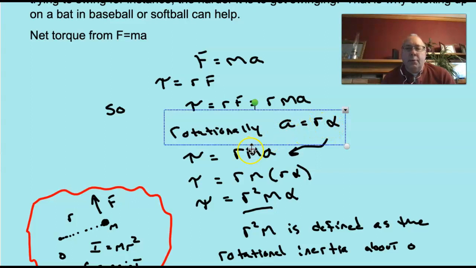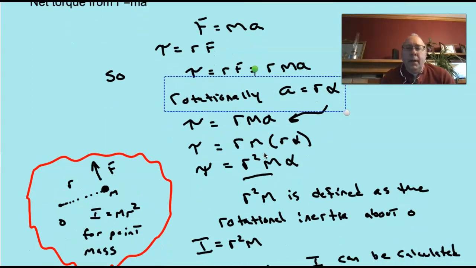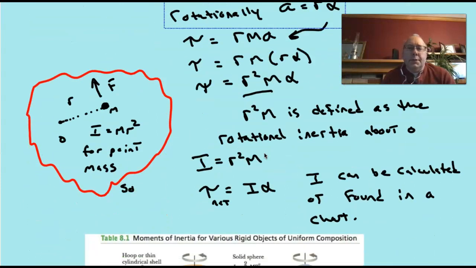So I'm going to take the a in this torque equals r times ma equation, from rF equals rma, and replace that acceleration with the rotational term r alpha. What comes out of that is a new term: the torque is equal to r squared times m times alpha. Alpha is the angular acceleration, and a net torque is what causes that angular acceleration.